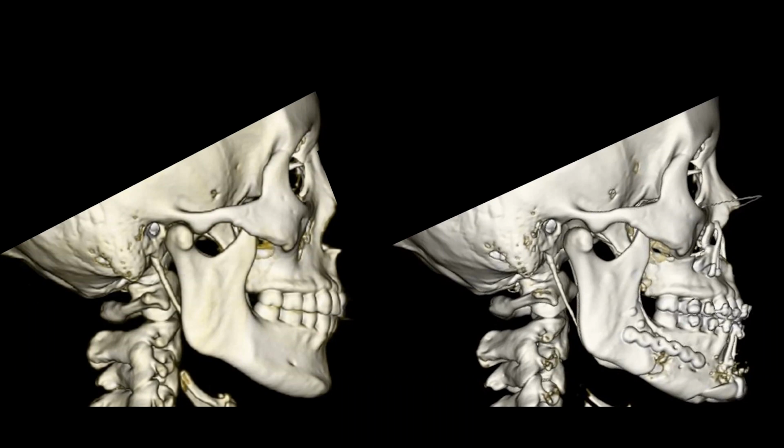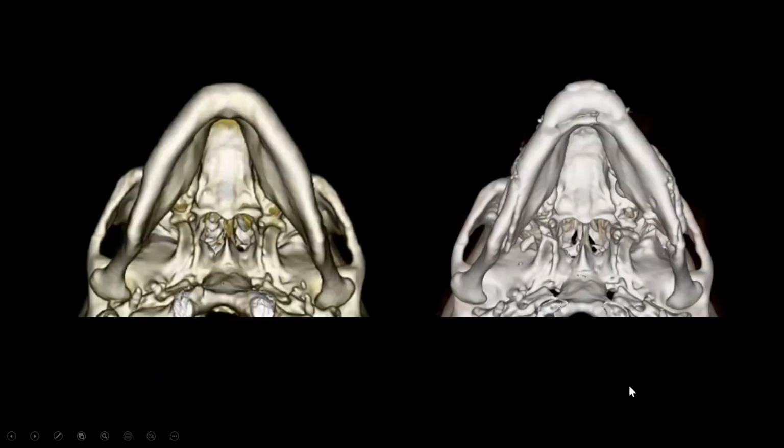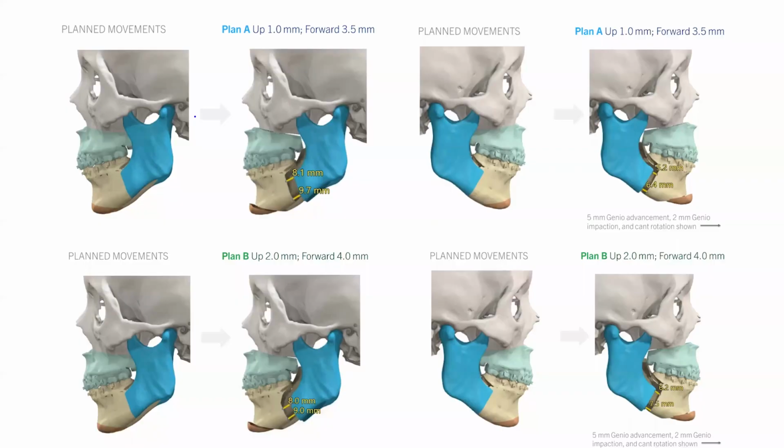About a 5 millimeter advancement for sleep apnea, and a big genioplasty, 5 or 6 millimeter. And you can see the resulting facial asymmetry, which is fairly significant, okay? Quite asymmetric. On a thin female, that's going to show a lot.